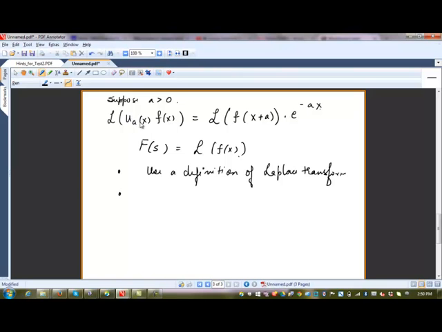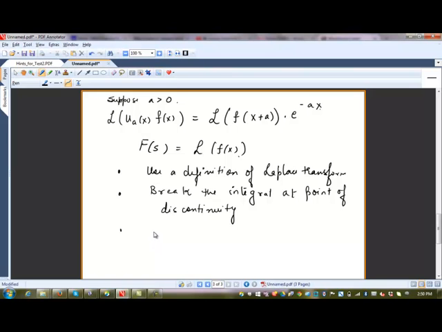Now this function is discontinuous at a, so you break the integral at the point of discontinuity. This is a proof for this equation.